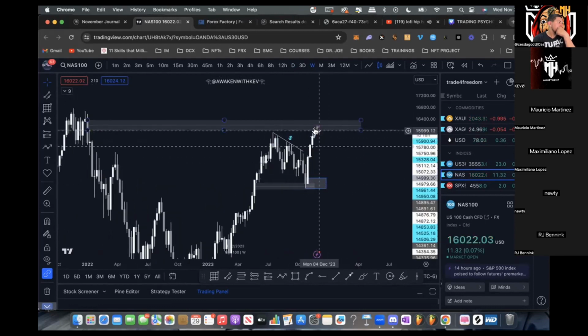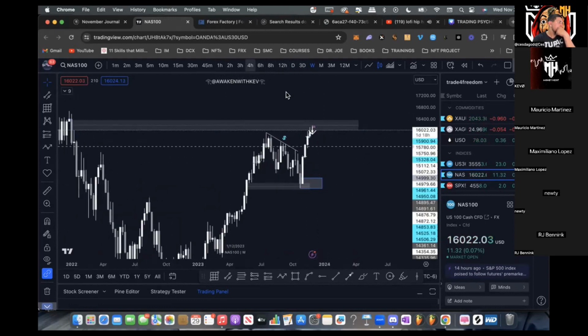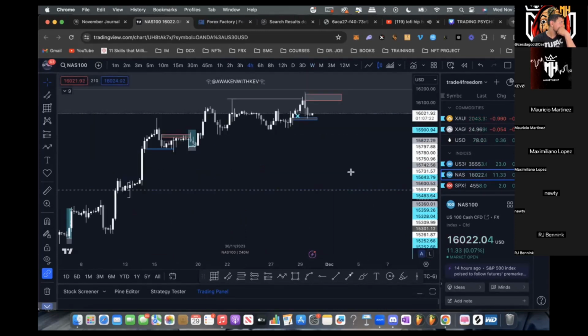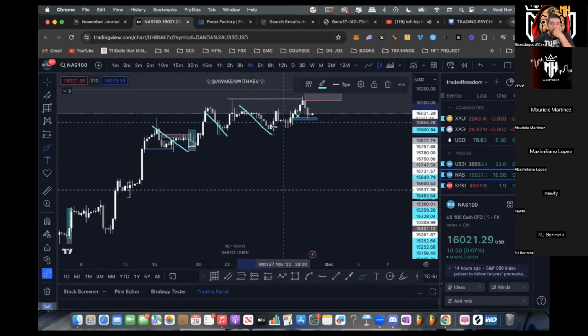One thing I was peeping is the same thing as distribution schematics. We're already starting to see 1, 2, 3 drives, and then this is that manipulation after those 3 drives. That's how institutions work. They're not worried about Billy's 0.01 lot sizes.